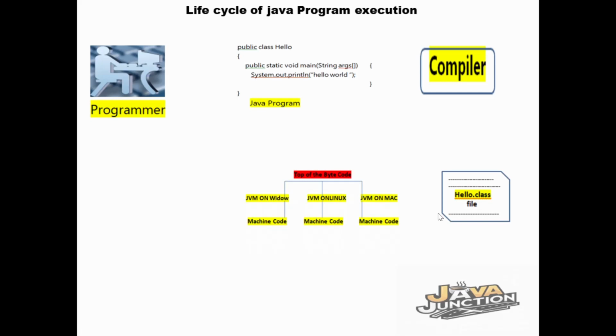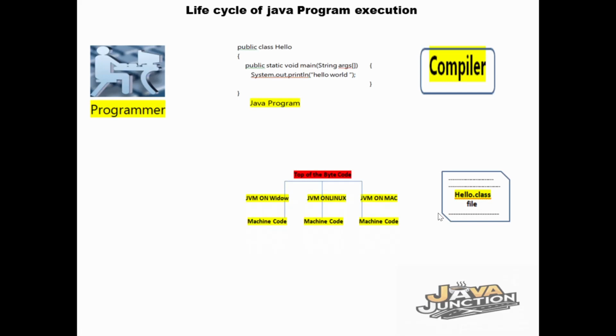Once the byte code is generated, this code is executed on any platform. Any platform means any operating system. Okay, so you just have to provide the basic requirement of the JVM software in your operating system. Automatically, once you give the proper commands to execute the Java program, it will execute. It is not at all restrictive.